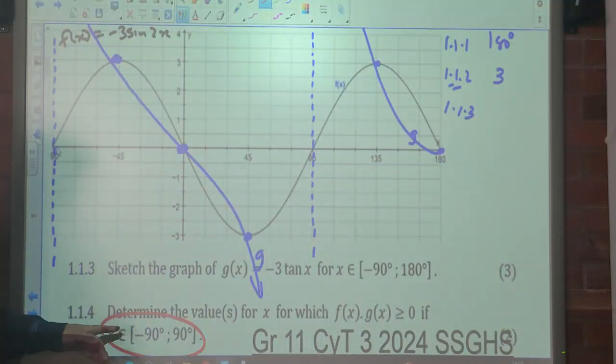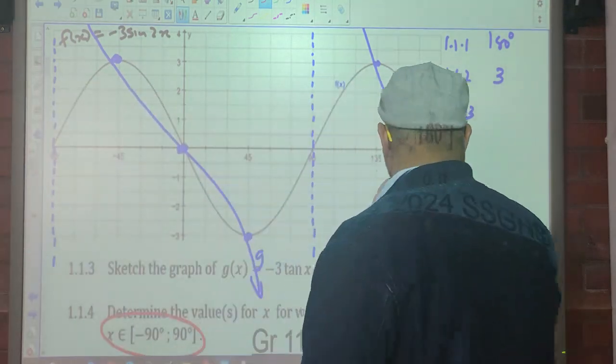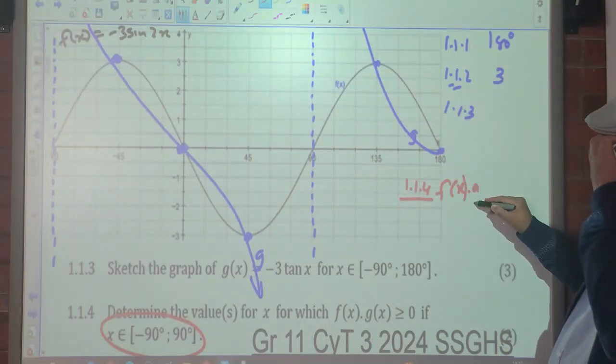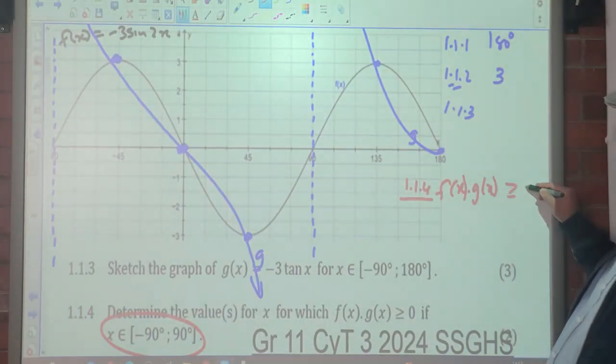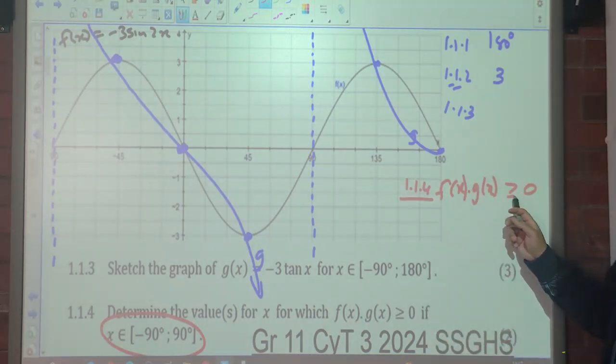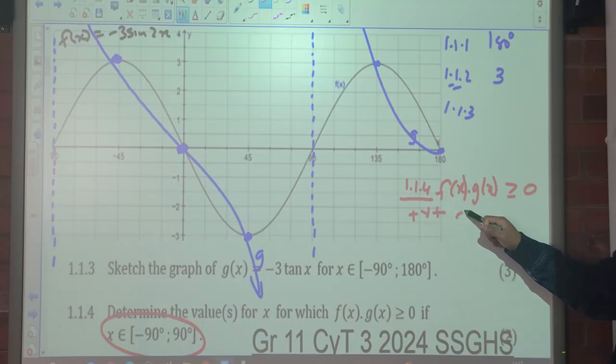Okay? So f of x times g of x must be greater than or equal to 0. People, under what condition when I multiply two numbers is it positive? Both positive or both negative.